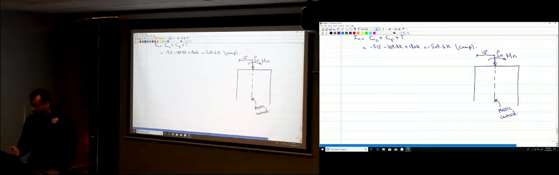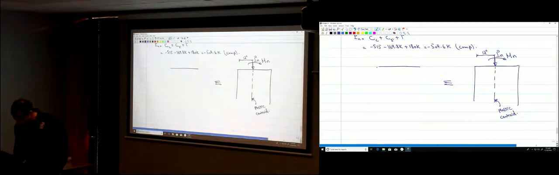So this is equivalent to the components. So that system over here is equivalent to the components. What are the components?